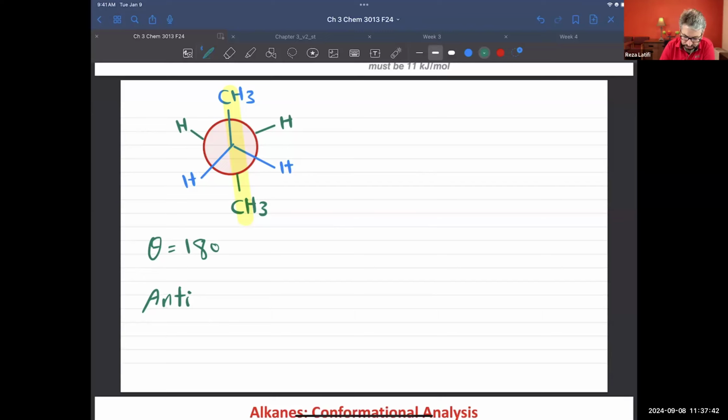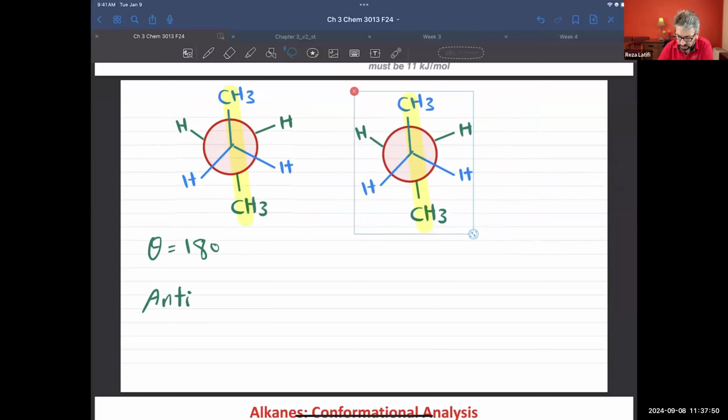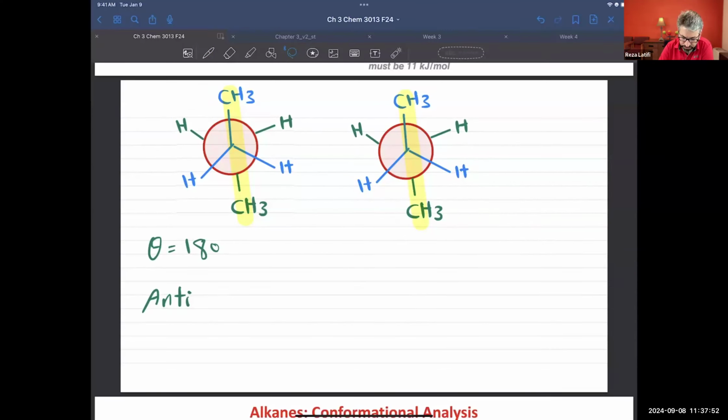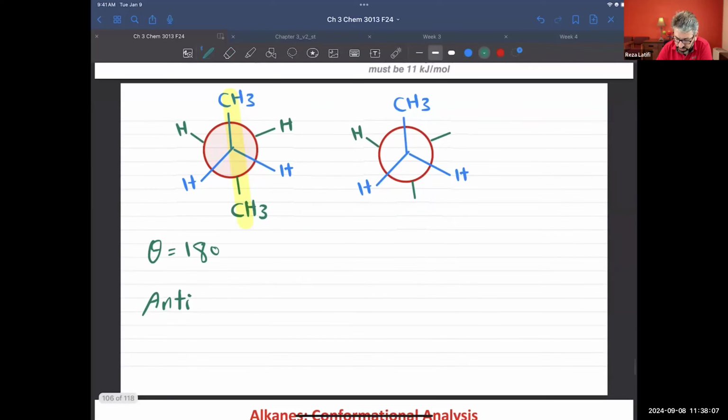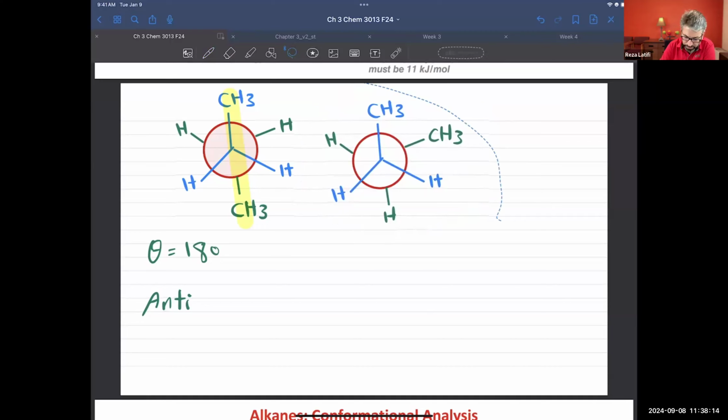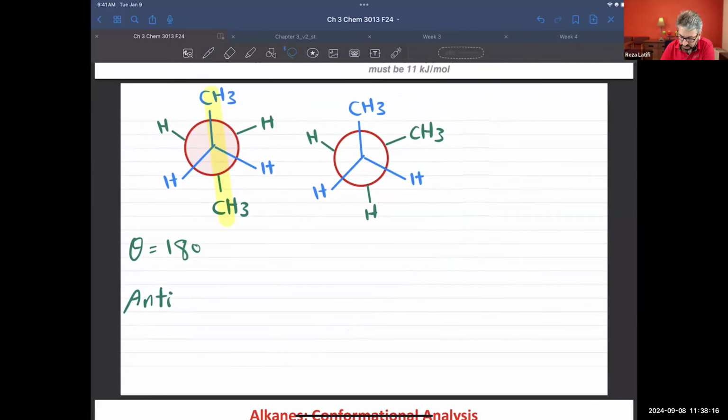Now, what will happen if I change the position of them? Let's say we decide to change the position of methyl. I'm going to go after one of the methyls, let's say this methyl, change it and put it here. So methyl is now there, and I will have hydrogen here. And of course, I can have the methyl group on the left side as well.